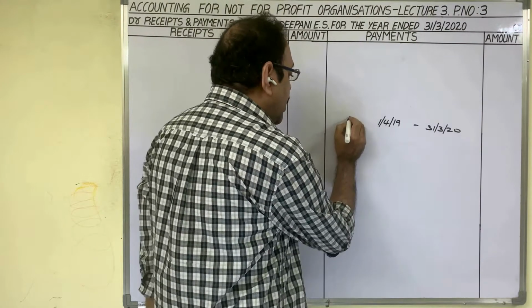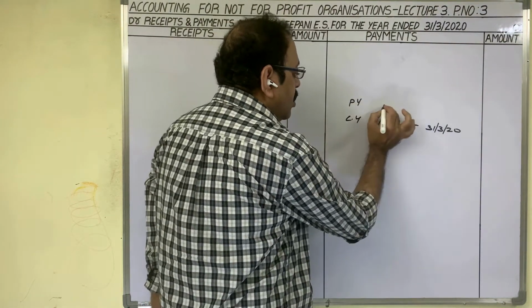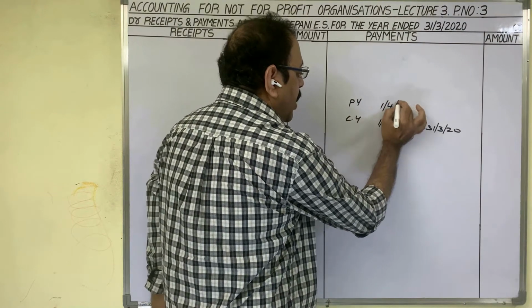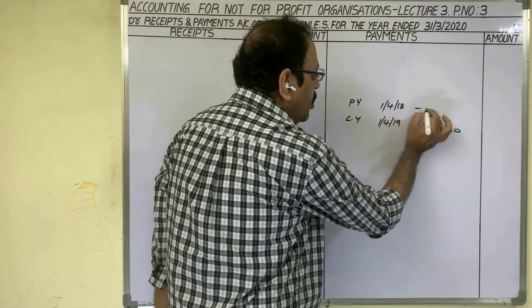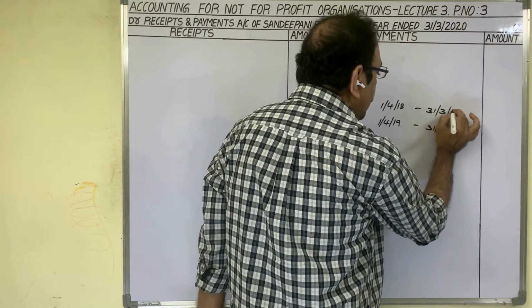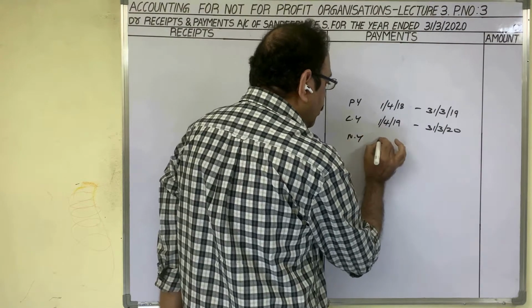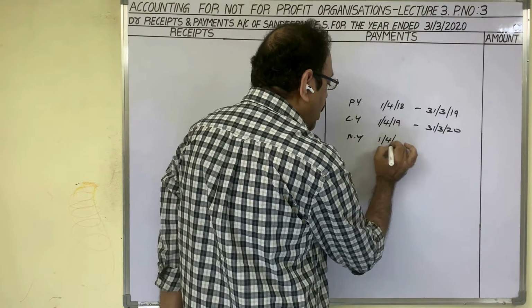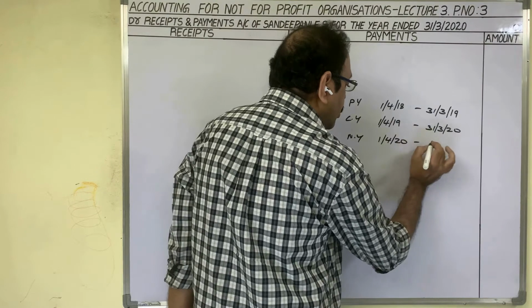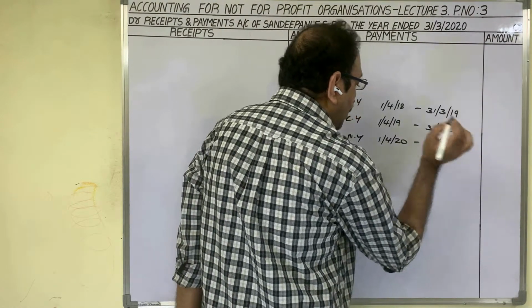The previous year is 1st April 2018 to 31st March 2019, and the next year is 1st April 2020 to 31st March 2021.